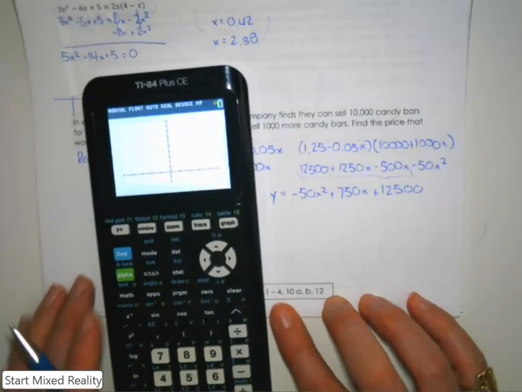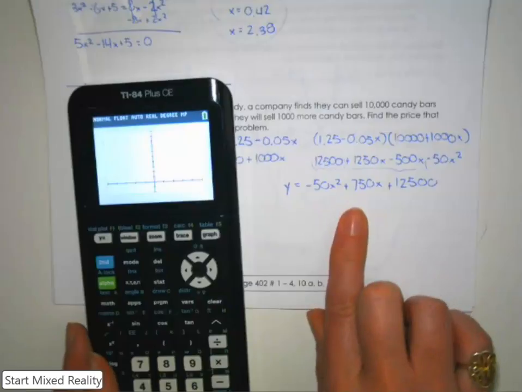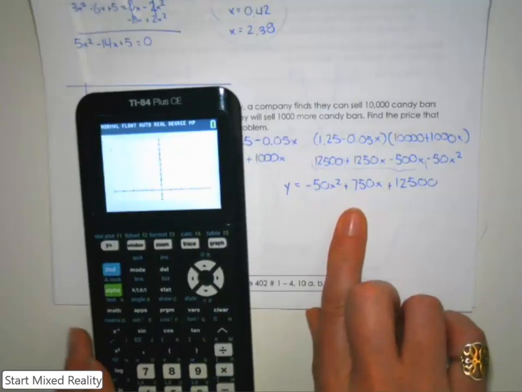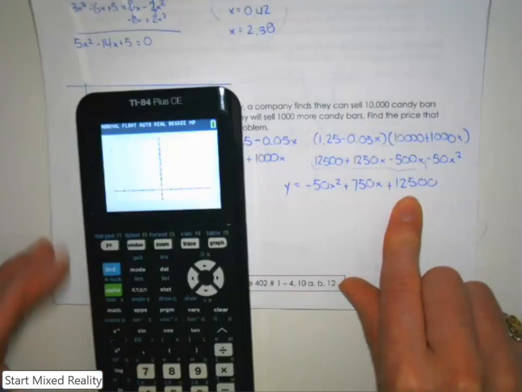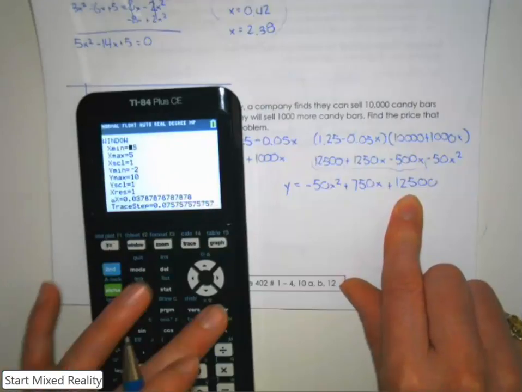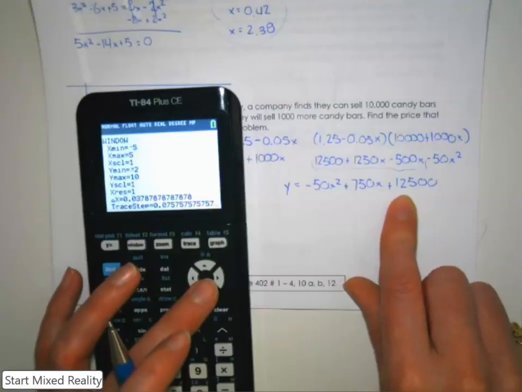Now, of course, my graph isn't going to be anywhere close to what we need for this. So I'm going to do a little bit of a cheat here and think, okay, this was at 12,500. I'm just going to go big. I'm going to go 15,000 instead.